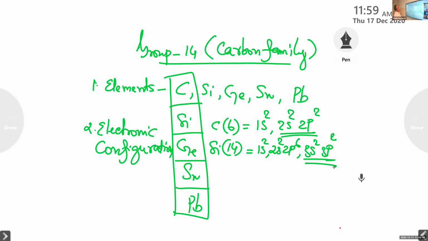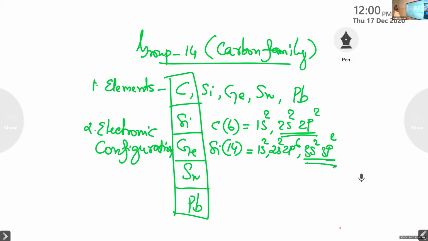Group 13 has 3 electrons in the outermost level, distributed as S2P1. Now group 14 has 4 electrons in the outermost level, and there will be S2P2.